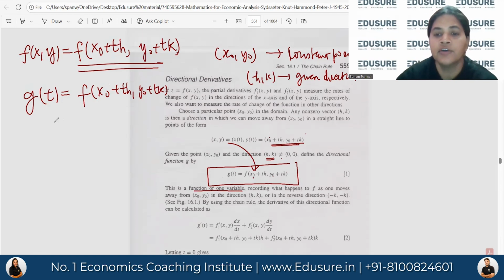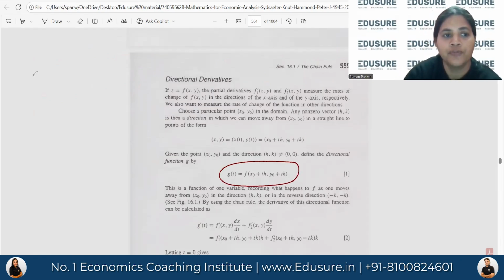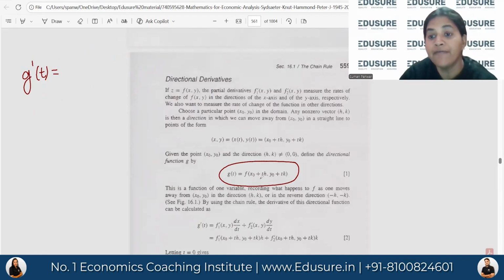So let us try to find the derivative of this directional function with respect to t. So g dash t will be, now I will be differentiating f with respect to the first variable, that is x naught plus th. This is my variable 1 and this is my variable 2.